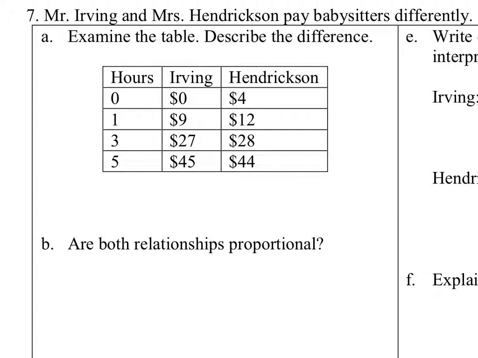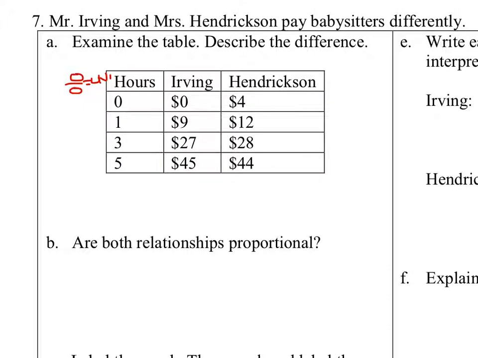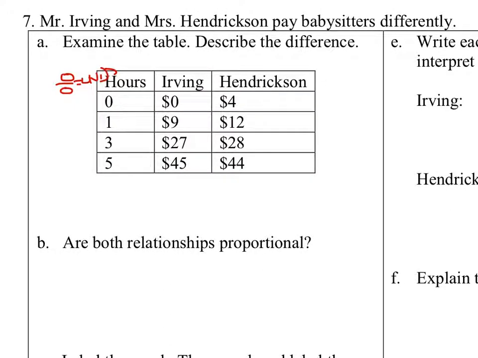Well, we have to look back and figure out how to tell if they are proportional. For Irving, which I will do in red, the number of dollars divided by the number of hours, because the amount of dollars depends on the hours, so that's our numerator. That's undefined, but we go to the next value. We got $9 for 1 hour, which simplifies to 9.